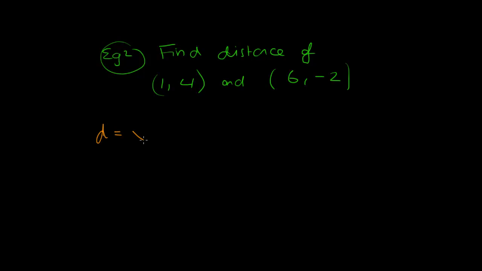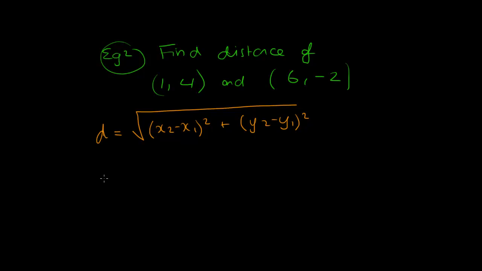The rule. It's a squared plus b squared. So we know that's going to be our x2 minus x1 squared plus my b squared, y2 minus y1 all squared. Made it a little bit more challenging with a negative in there. So let's have a look. D equals, well, my 2 x values, I've got 1 and I've got 6.